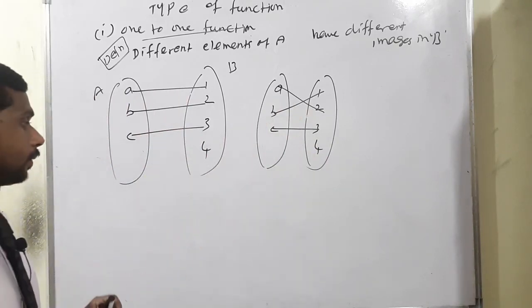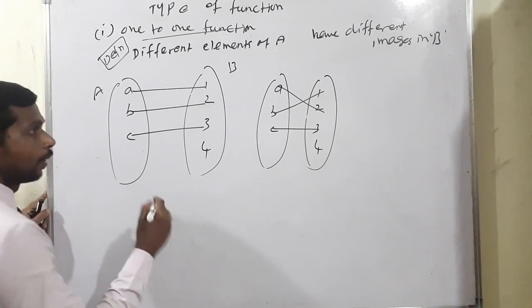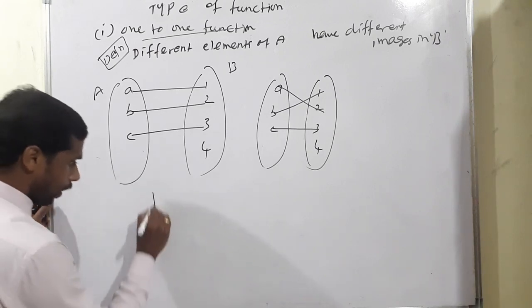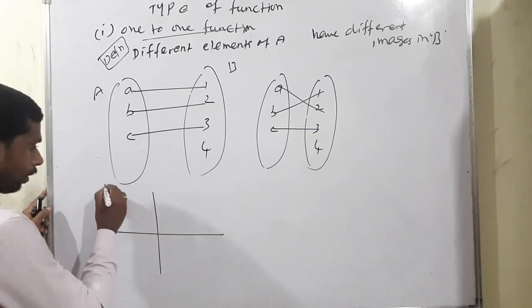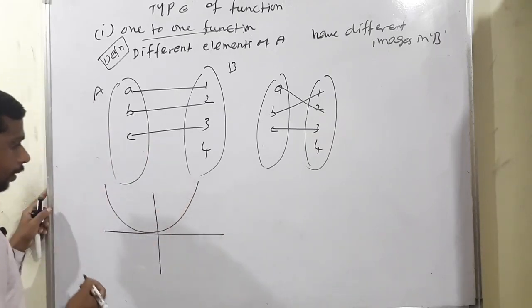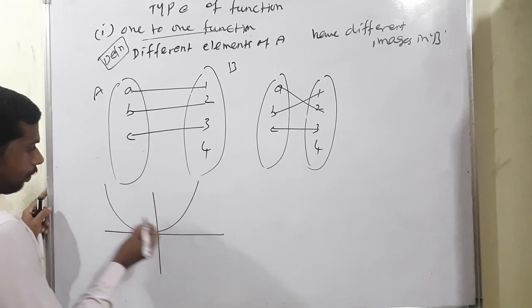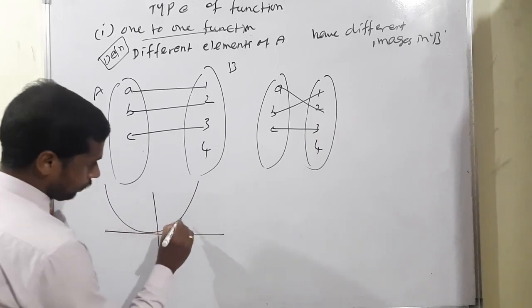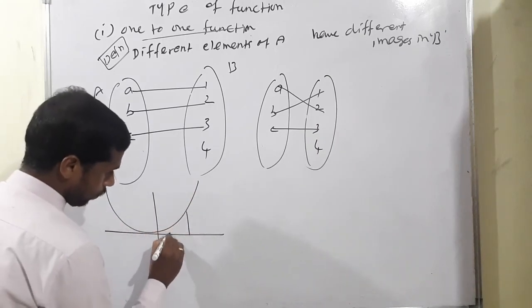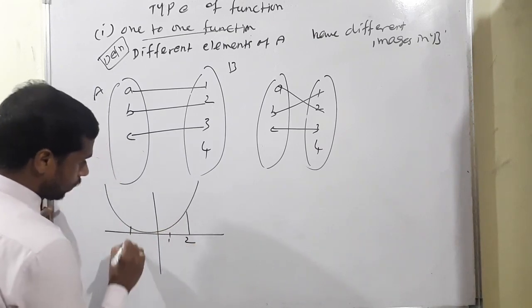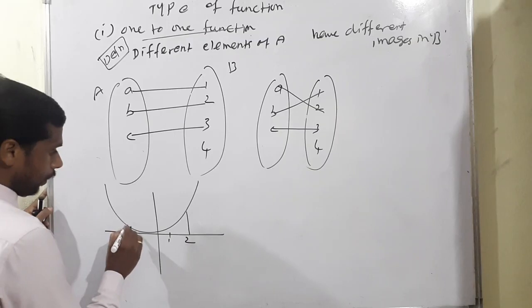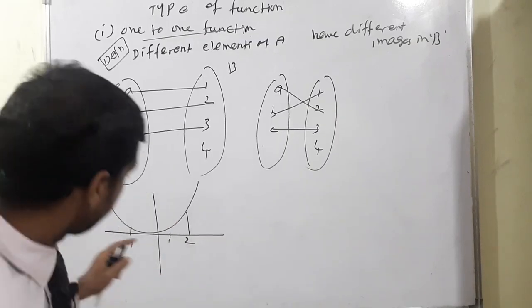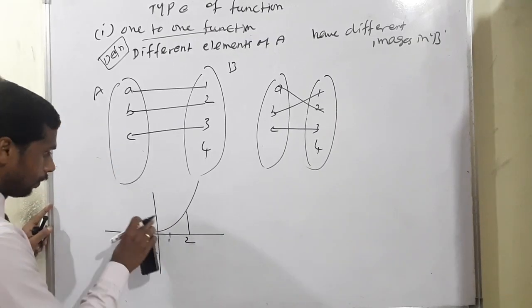For your better understanding, look here. I have taken one parabola, an upward-opening parabola, and just intersecting it with one line, so that you get a clear idea.